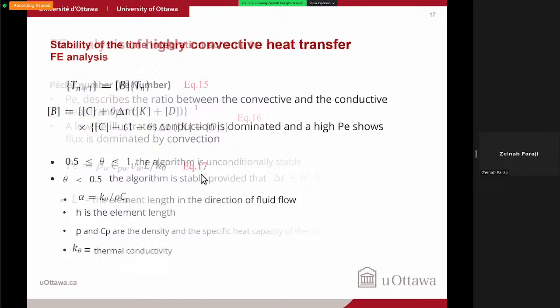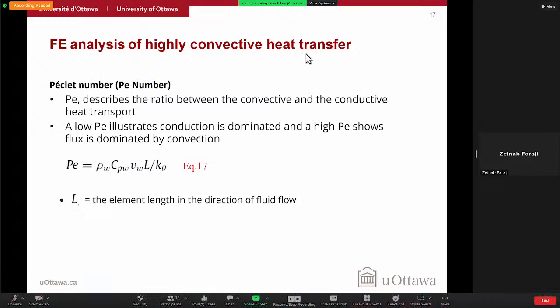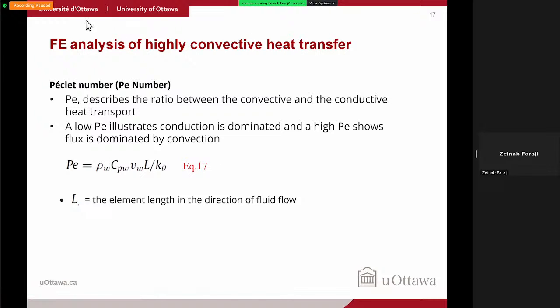The Peclet number, or Pe number, describes the ratio between convective and conductive heat transport. A low Pe illustrates that conduction is dominant, and a high Pe shows the flux is dominated by convection.